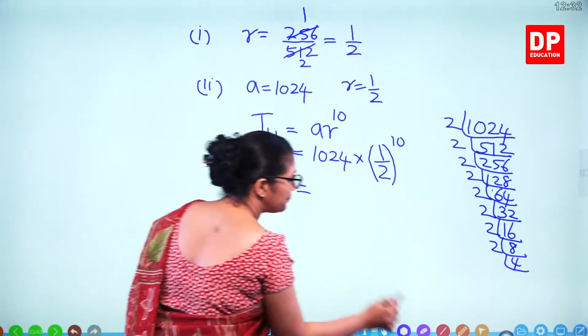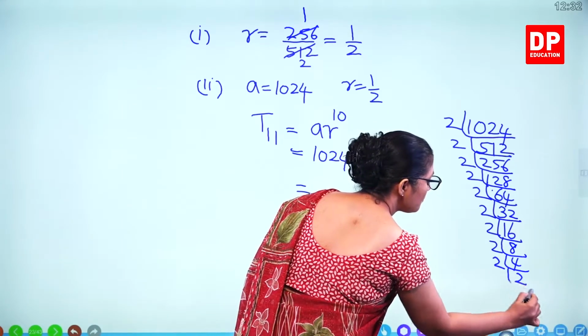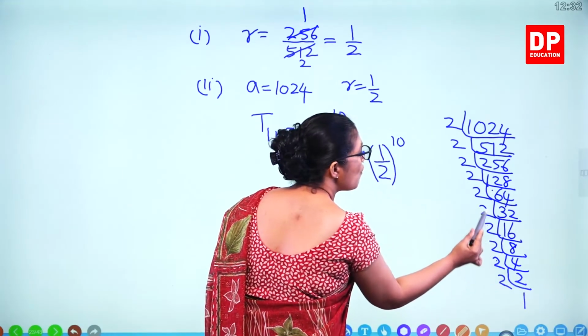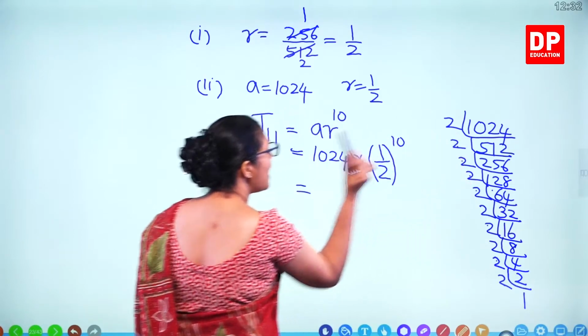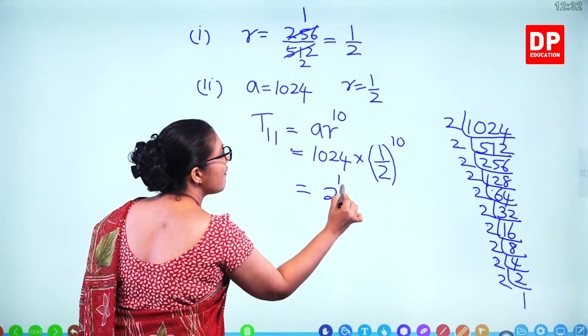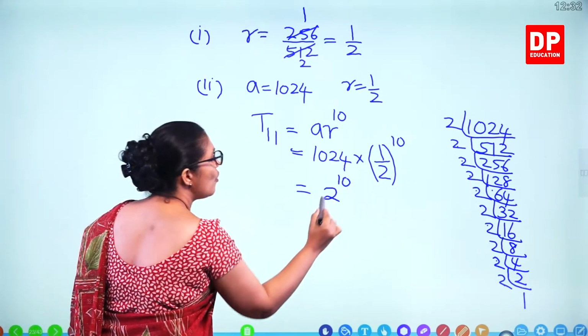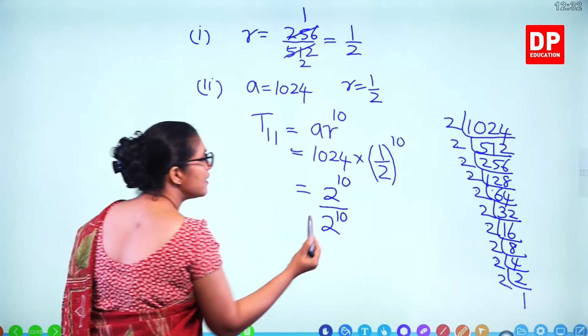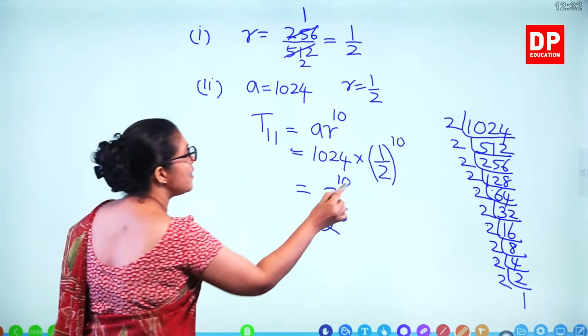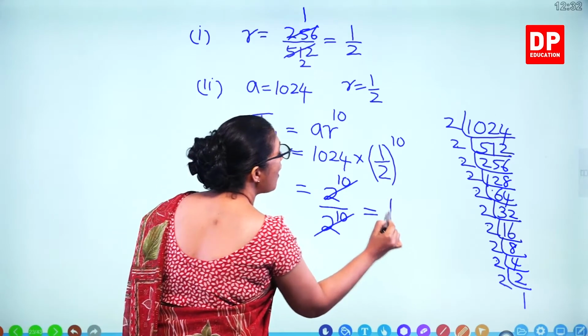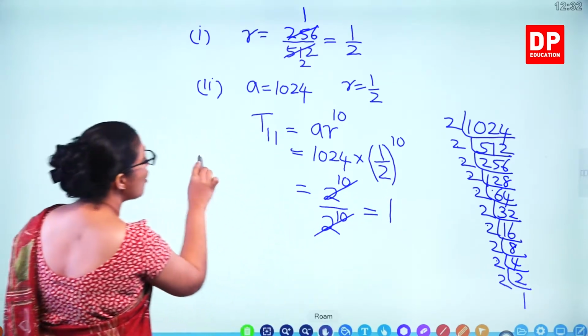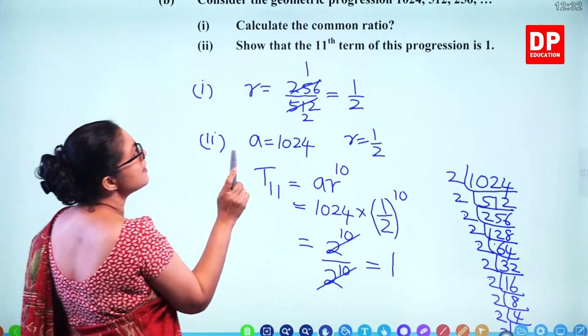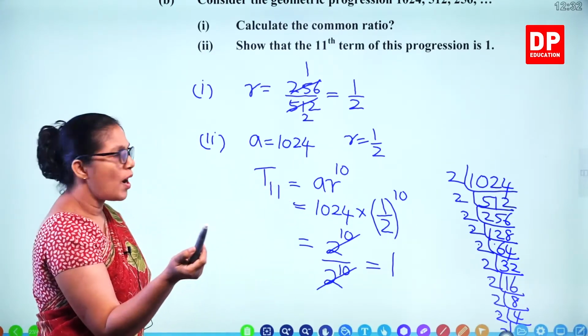Count and see. 1, 2, 3, 4, 5, 6, 7, 8, 9, 10. So you can write this as 2 to the power 10. Below you get 2 to the power 10, so it gets cancelled out and you get 1 as the answer. So that's what they want: show that the 11th term of this progression is 1.